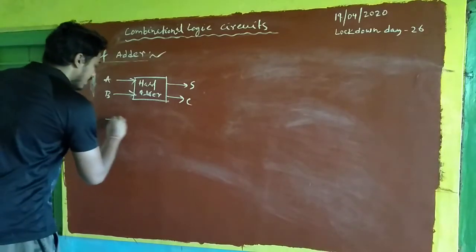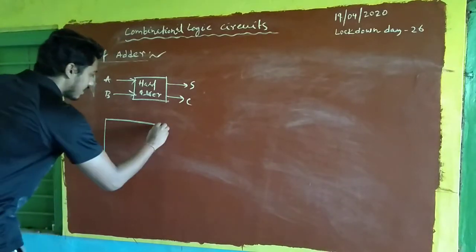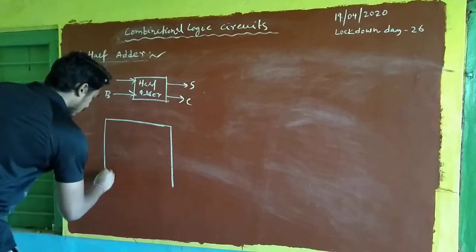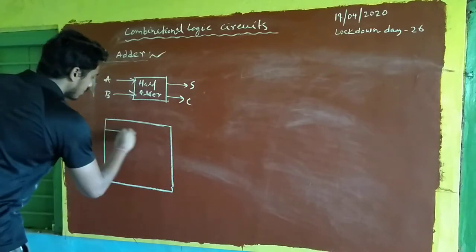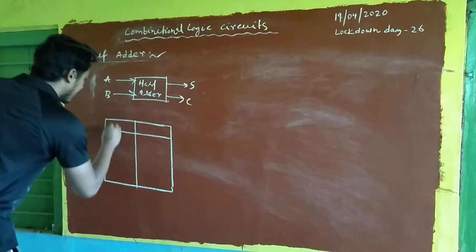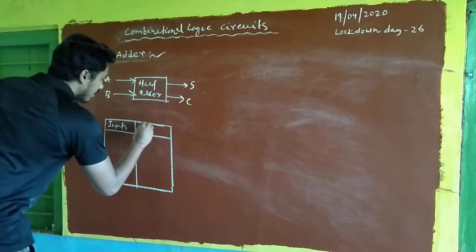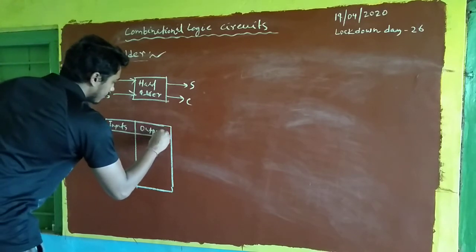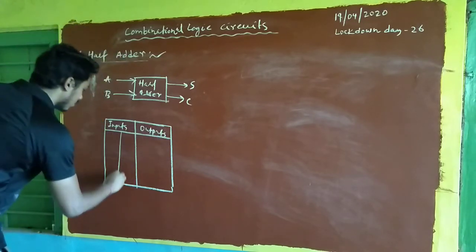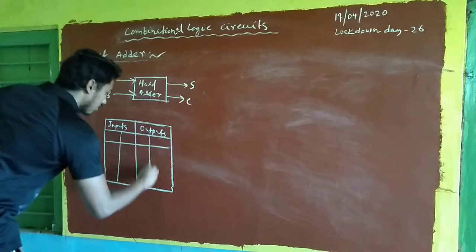So if we draw the truth table for the half adder, here we have inputs and outputs. What are the inputs here and what are the outputs here?